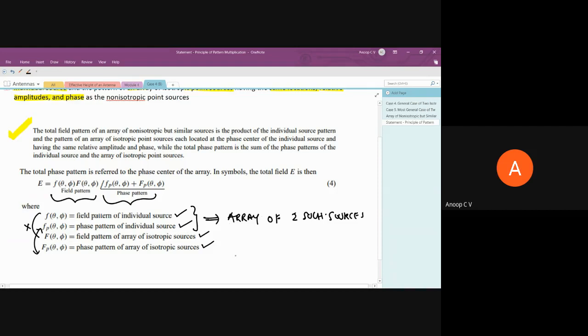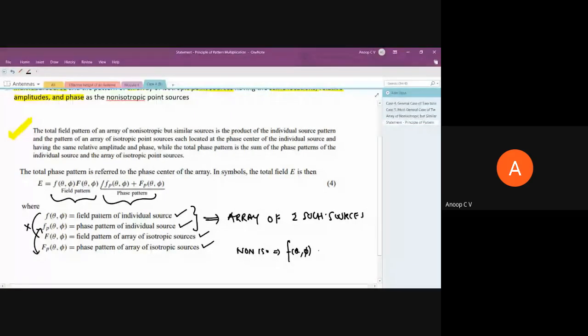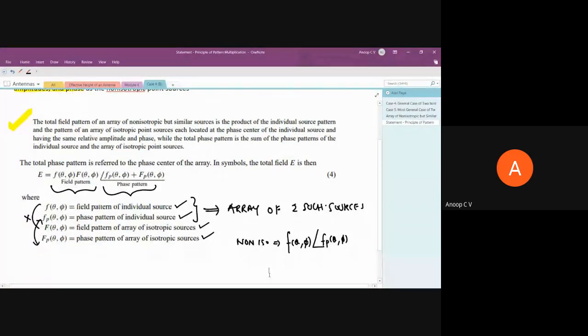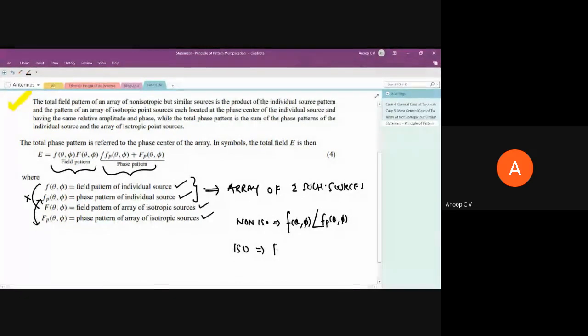Or in other words, if a non-isotropic source has a radiation pattern given by f of theta comma phi angle f subscript p of theta comma phi, then if you replace the non-isotropic source with an isotropic one, it has a radiation pattern capital F of theta comma phi angle capital F subscript p of theta comma phi.